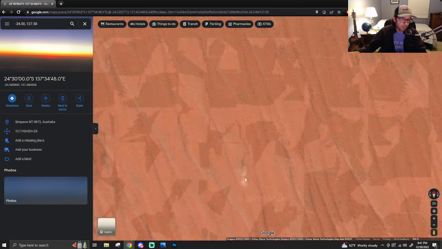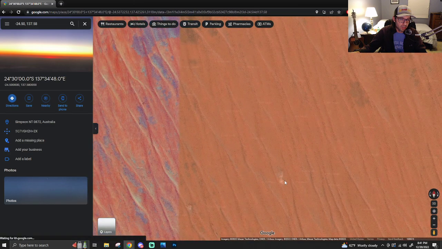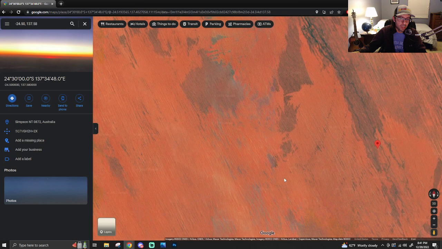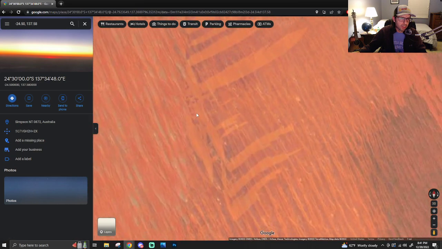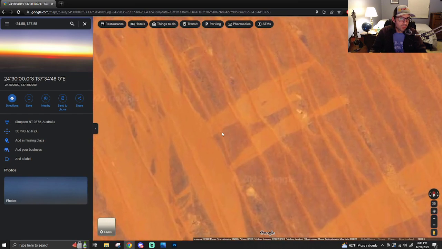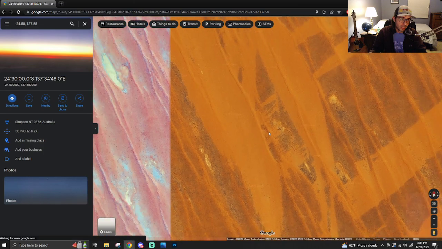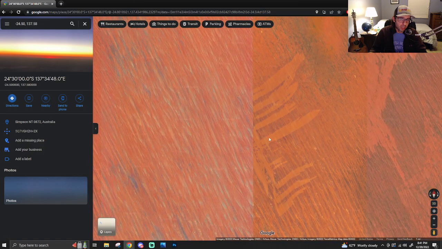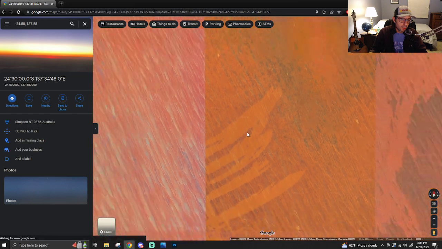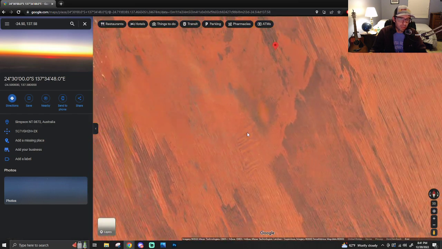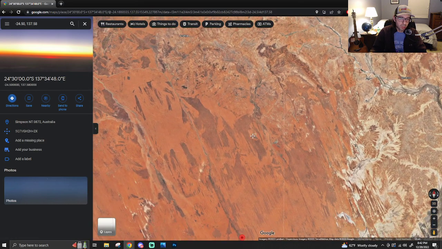They're like potholing this. Is this man-made? This isn't man-made, is it? No. No way. Maybe. No way, man. That looks real, whatever that is. Maybe not. There's some rain or something that was in one image but not another.